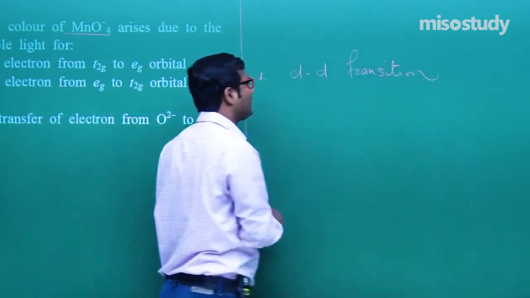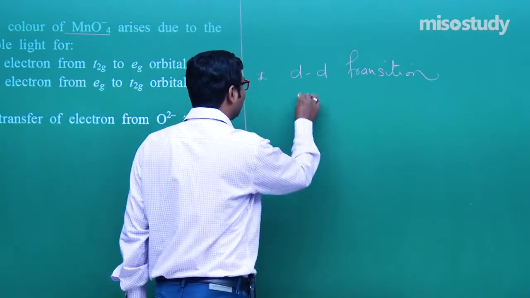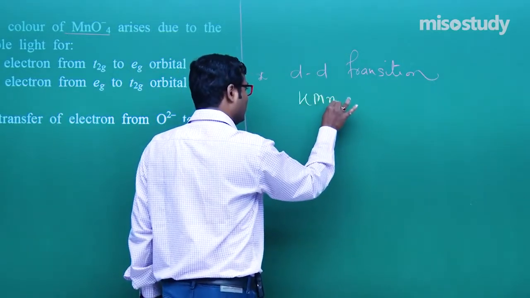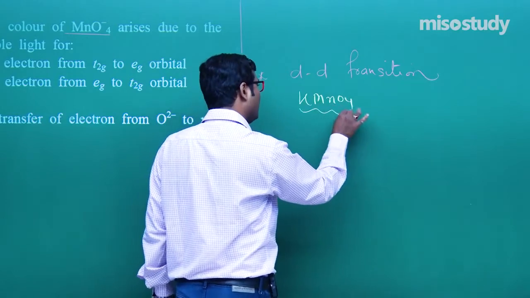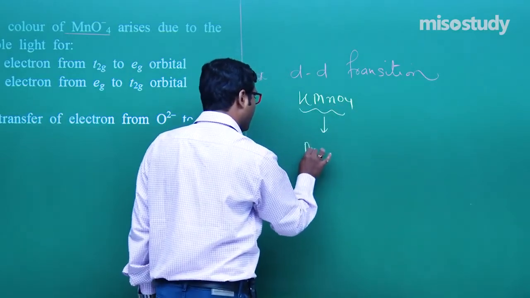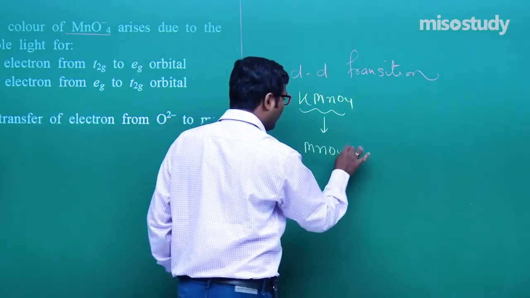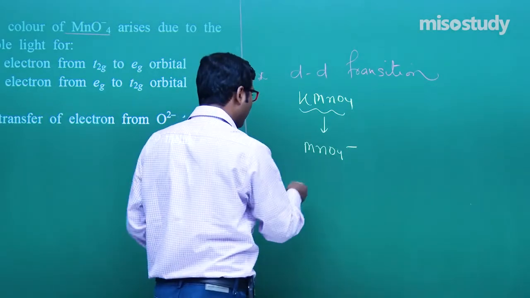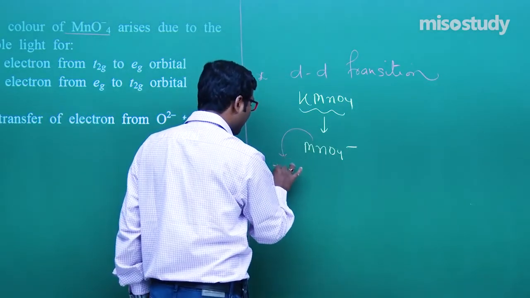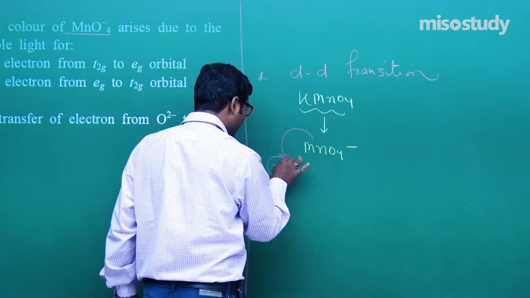Clear? If I talk about MnO4 minus, that is KMnO4, here Mn is in +7 oxidation state. Clear to you what I'm telling?